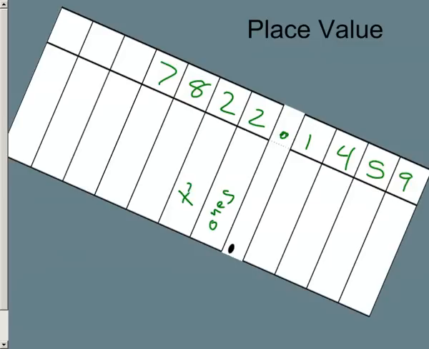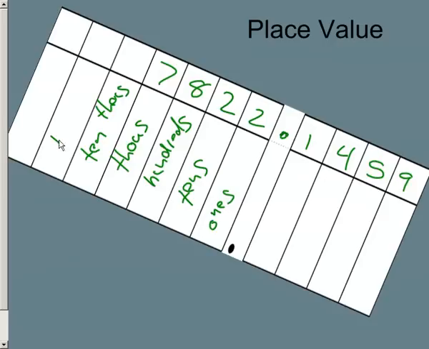This is the tens place. This is the hundreds place. And then would be thousands and 10,000s and 100,000s and then millions place. All right, so that's when we go this way.